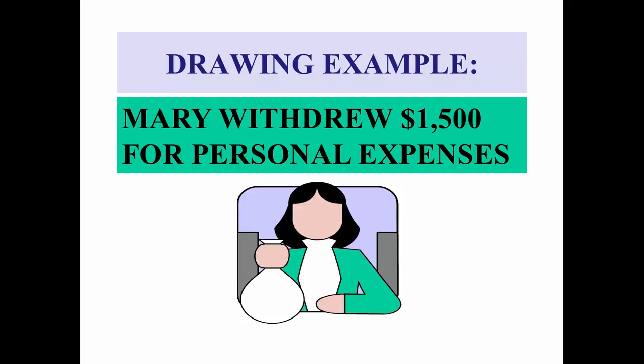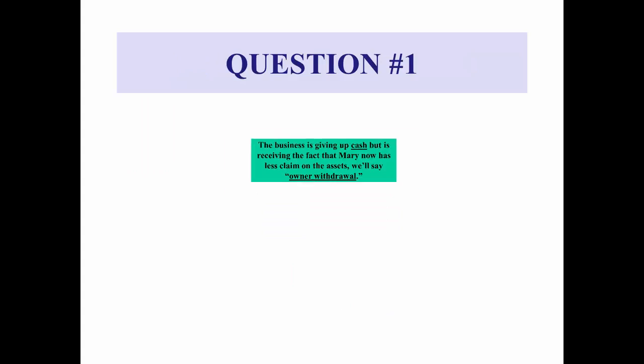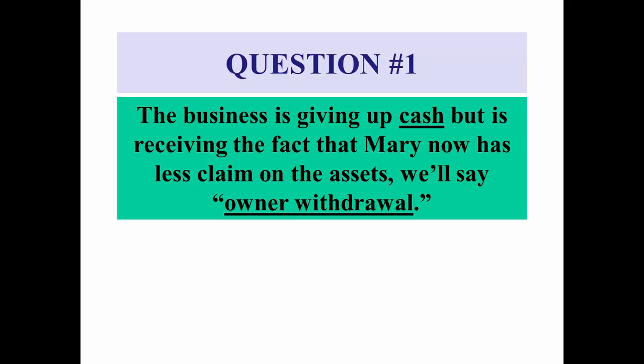So here's an example. Mary withdrew $1,500 for personal expenses. The business is giving up cash. Let's remember, we're looking from the eyes of the business. Mary personally is receiving cash. We don't care about Mary's side of the picture. The business, is the business receiving or giving up cash?